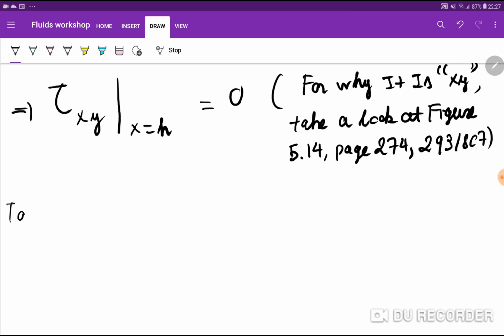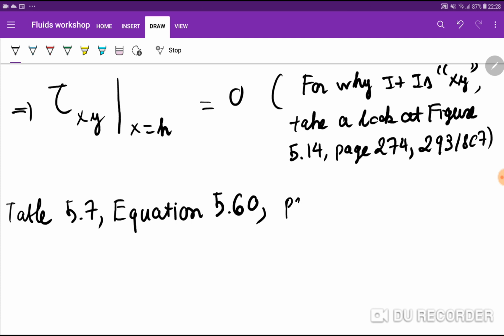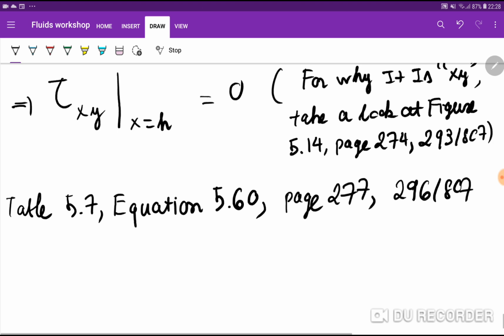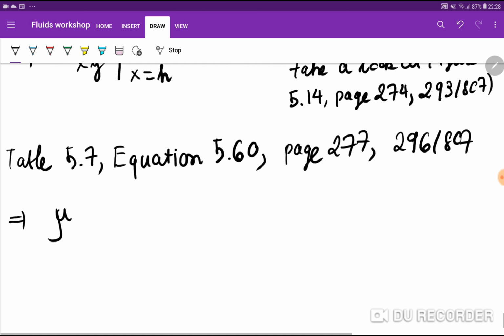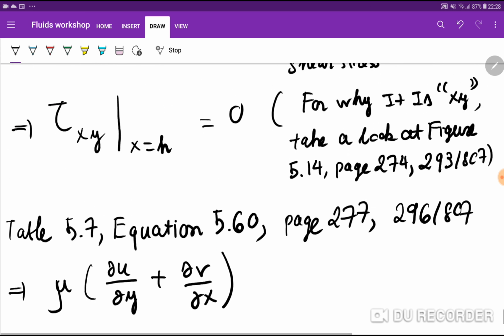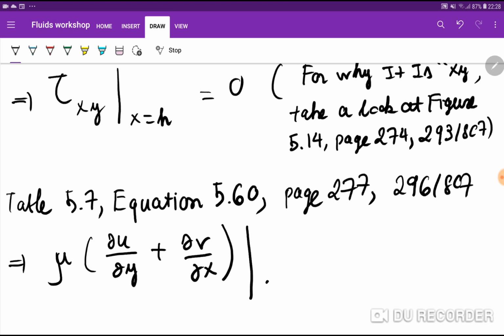If you use table 5.7, equation 5.60, page 277, or electronic device page 296, you get an equation for shear stress. It says mu times partial u over partial y plus partial v over partial x. That is your tau xy, all at x equals h, equal to 0.